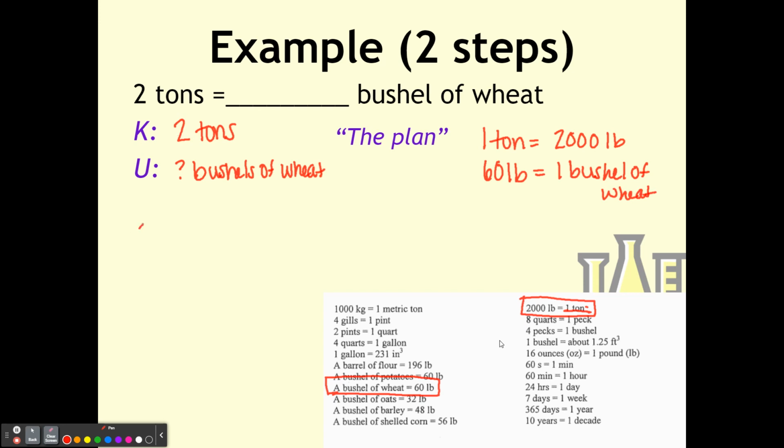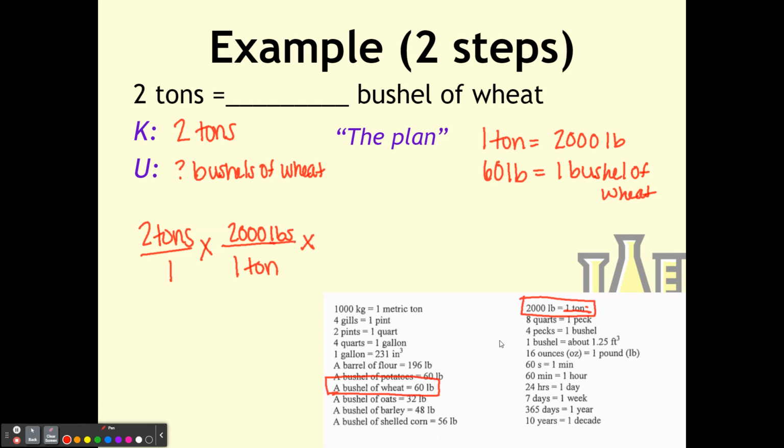Start with what I know. 2 tons. Put it over 1. I'm going to multiply it by my first conversion factor that we picked out. Tons go on bottom, so I get 1 ton on bottom. On the top, I have 2,000 pounds.